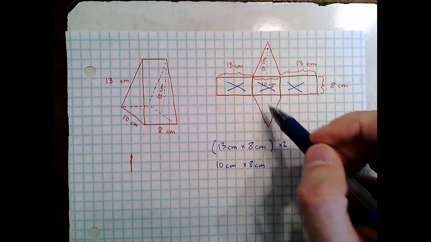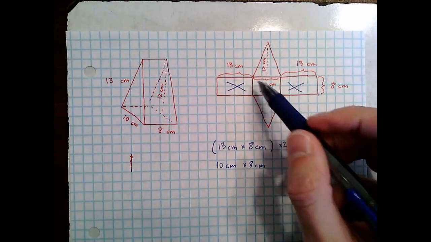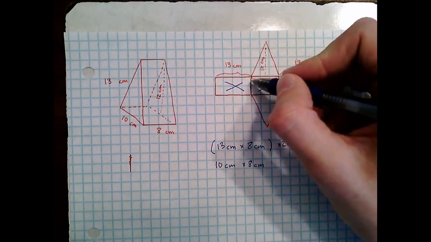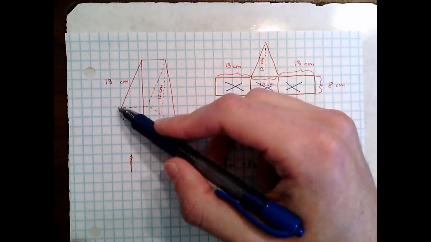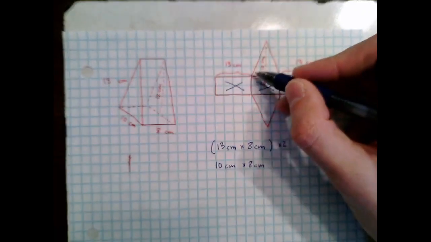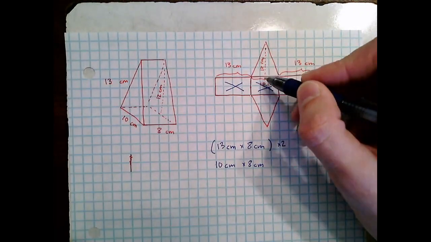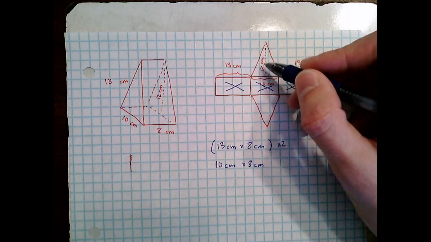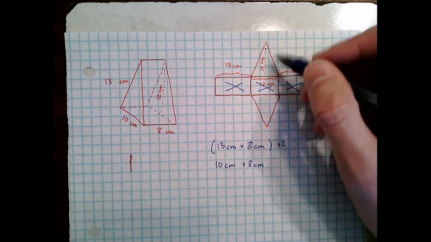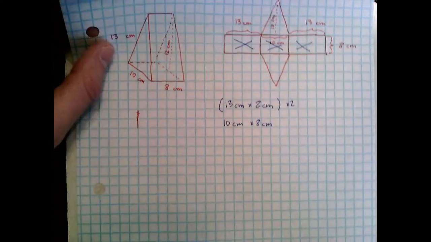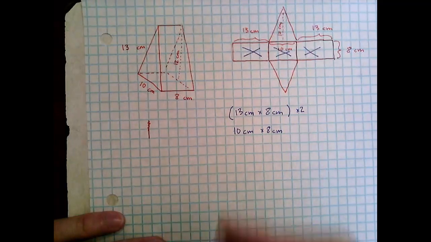And then let's look at these triangles. Both of them have a 10 centimeter base. And then this slanted side is 13 centimeters, which it tells us here. But remember, this is not the height. The height has to be perpendicular to the base. So actually this 12 centimeters is the other height that I want to know. And because these are the same size, yes, I can just find out one and then multiply them times each other.